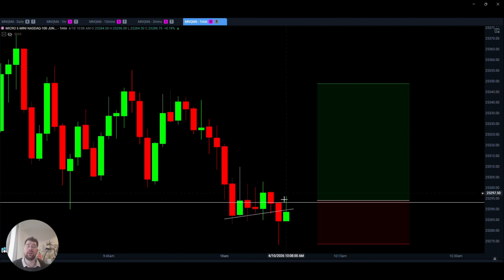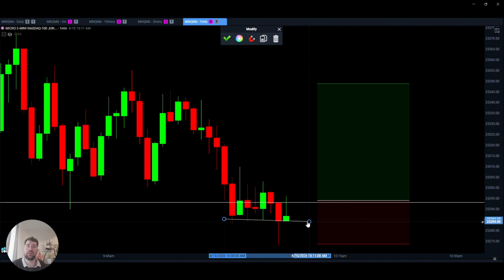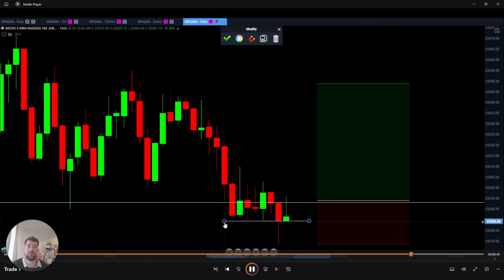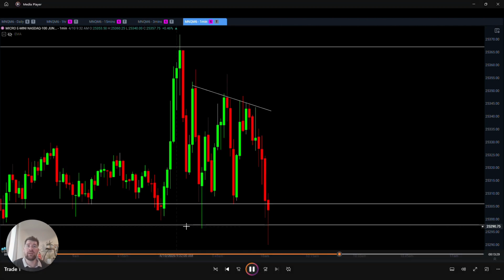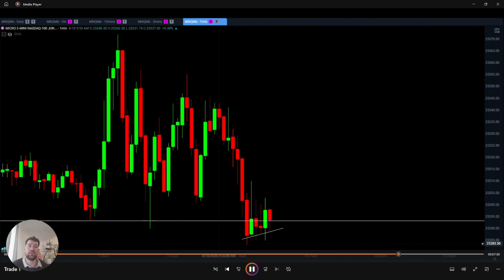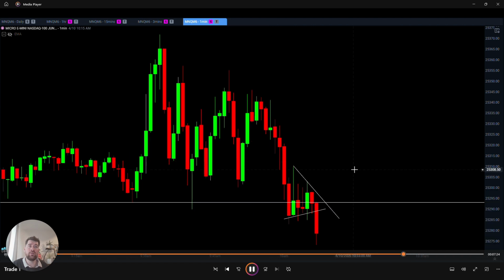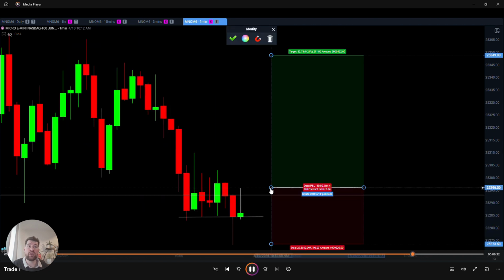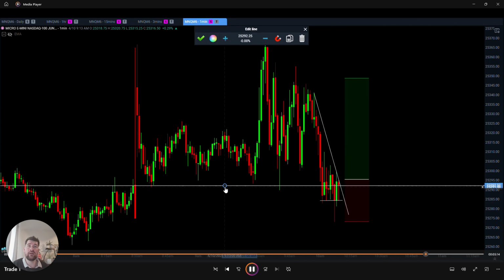So here I had an area of support. I'll just come back a little bit so we can see it. Got this area of support that we're coming into, and then once we've got that support, I look for pretty much a trap to the downside to see other traders come in and go short.